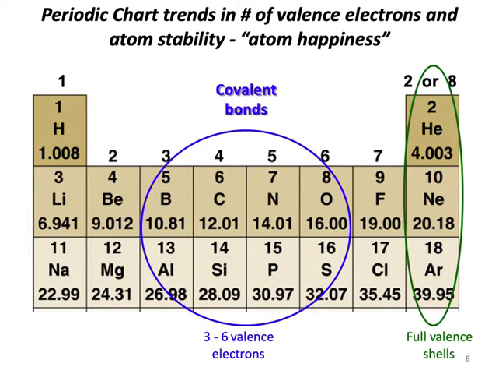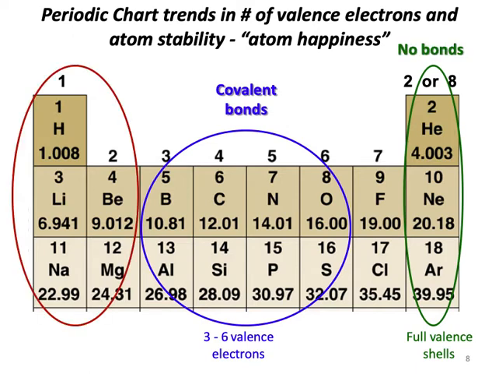Well, then there's another group here. Over here on the left, we've got columns 1 and 2. That's the number of valence electrons those atoms have. Rather than form covalent bonds, they would rather just get rid of those outer valence electrons, get rid of that whole shell, and make the next inner shell be their valence shell, so to speak.